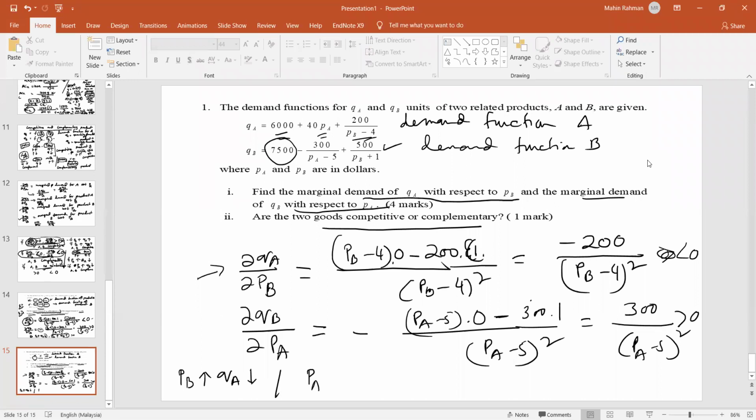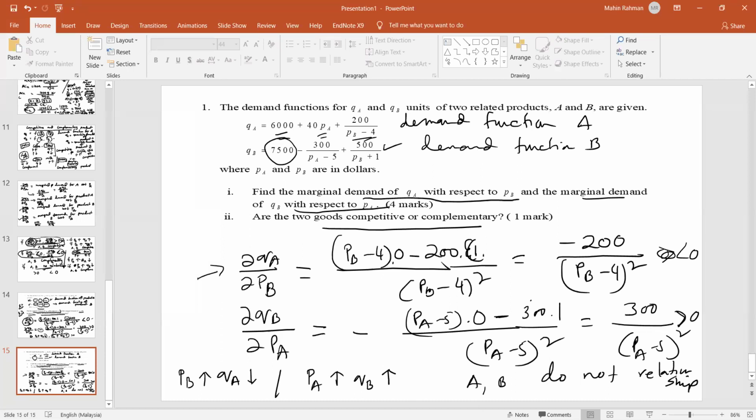And if PA is increased, the quantity of product B also increases. So I think they do not have a relationship, because one is negative and another one is positive. Okay, so I think that's all for today. Next class, we will discuss the optimization of the bivariate function.